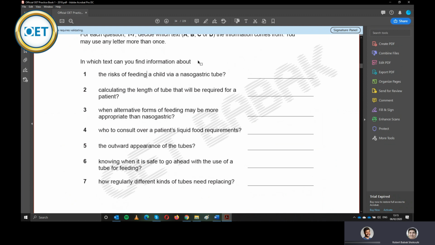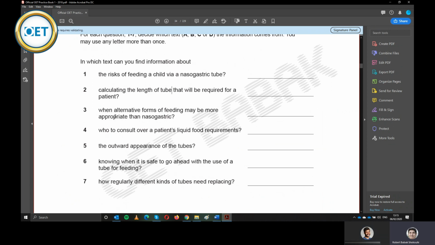Feeding a child via a nasogastric tube. We don't know. Okay, that's fine. We leave it. Next one. Calculating the length of tube that will be required for a patient. Length of tube. Calculating. Where do you think? Yes. It should be B. Okay. So let's say B.